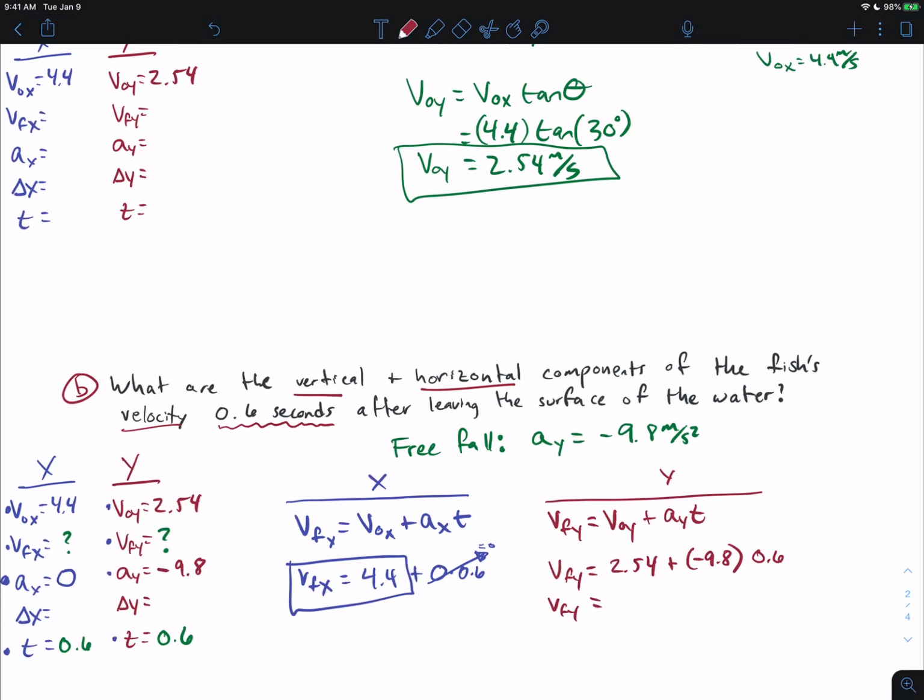So we have, okay, if I've gotten this right, negative 3.34 meters per second. So this is very good.